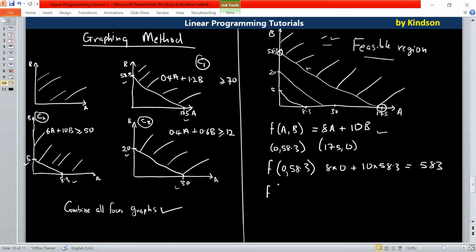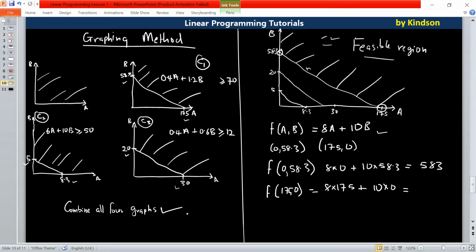And let's calculate this at the other point, which is 175 and 0. That will give us 8 times 175, right? 175, not 17, plus 10 times 0.